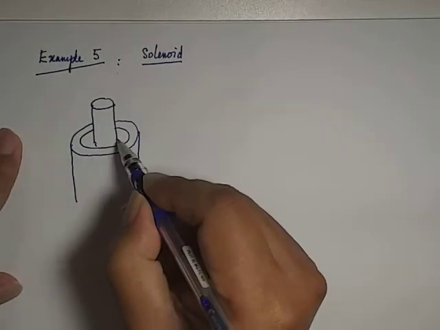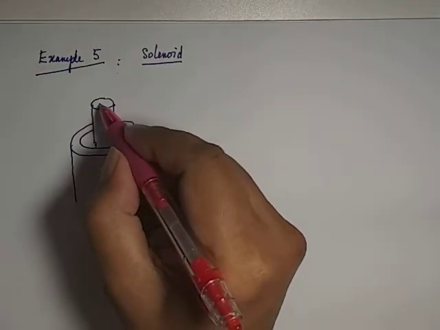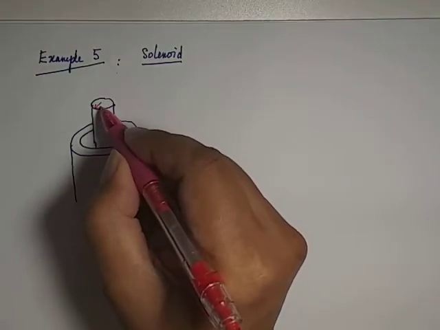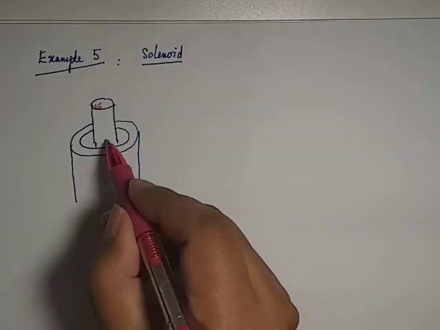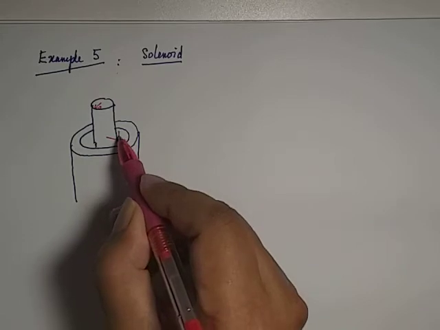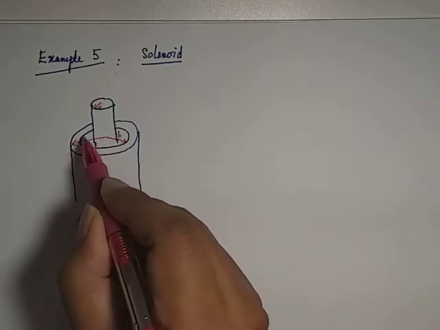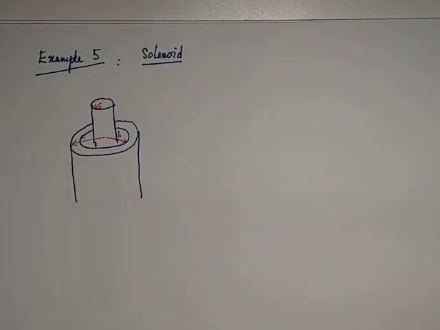Okay, that should be a typical solenoid. So let's give dimensions for the solenoid here. The inner radius, let's say as a, and then the inner radius of the outer conductor defined as b here, and then this particular one I'm going to define as c. Okay, that should be our solenoid dimensions.